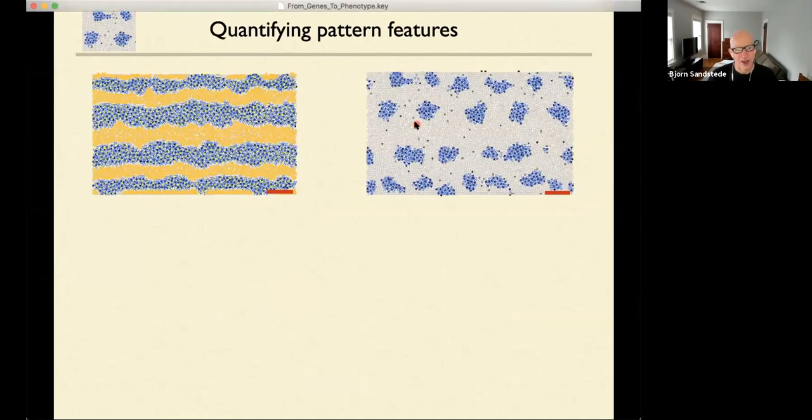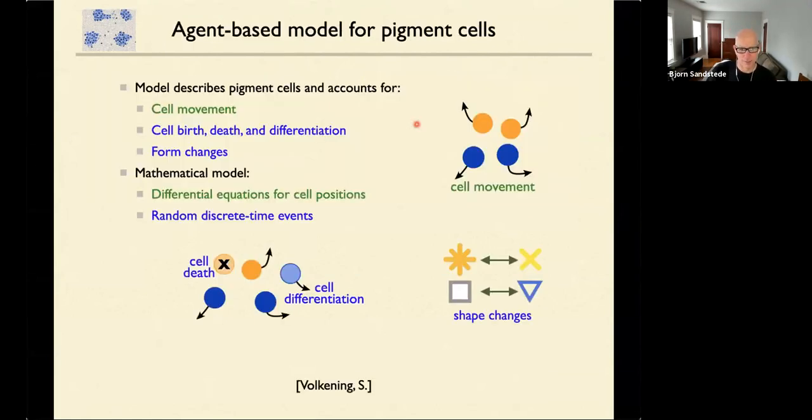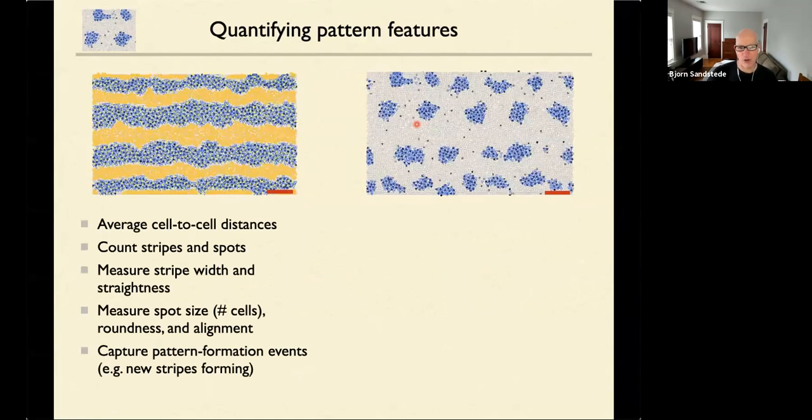Okay, and so what we want to do is take outputs like these 2 pictures, one from wild type and one from pfeffer, and quantify them. Here's the type of features that we would like to capture. We would like to compute average cell-to-cell distances within cell types and also across cell types.